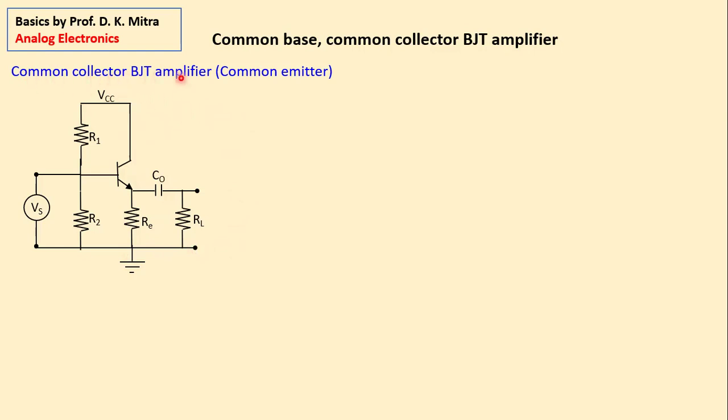This is a common collector BJT amplifier. And there is a commercial name of this amplifier. It's called common emitter, right? Sorry, it is not called common emitter. I am very sorry. This is not correct. This is called emitter follower. If I want to correct it, then I have to go out of this, so I don't want to correct it.